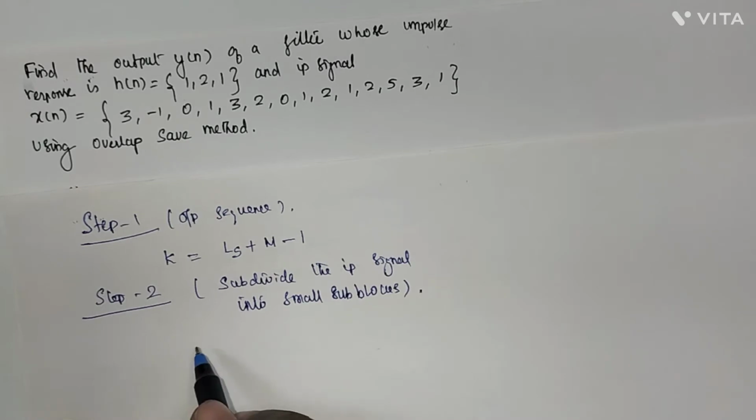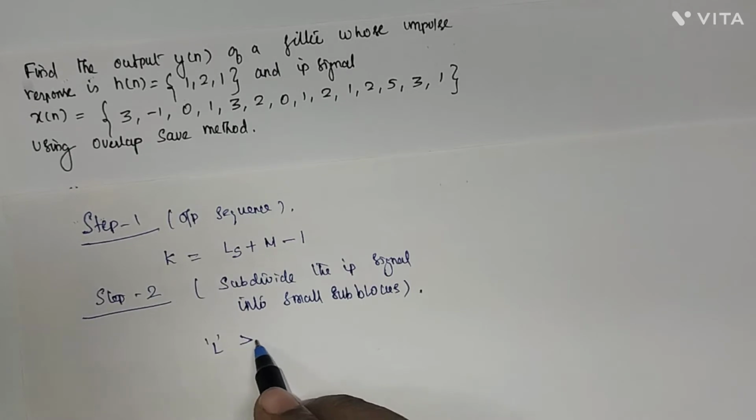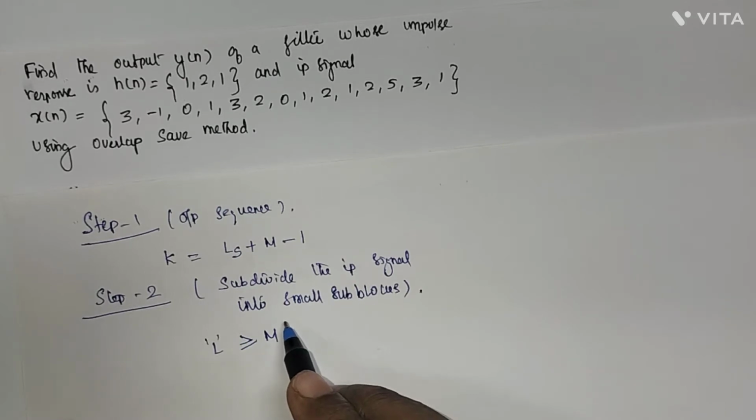Let L be the length of the smaller subblocks, and it should be greater than or equal to m, where m is the length of the impulse response of the system.